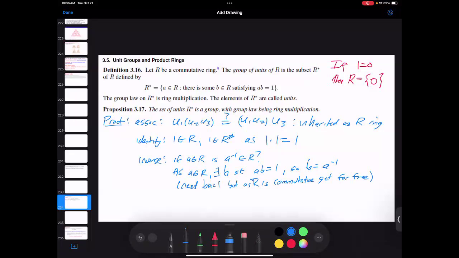So we now need to show A inverse is in R star. There's a C in R such that A inverse times C equals 1. What should we take C to be? To show A inverse is in R star, there has to be some element in R such that A inverse times that element equals 1.